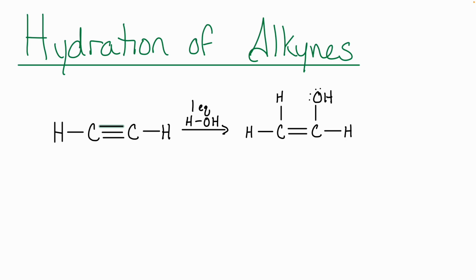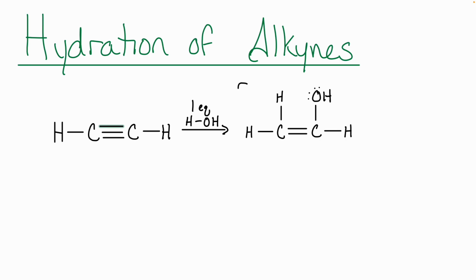In this case, it doesn't matter which side you picked. It was a symmetric molecule here. So this is what we would expect these hydration reactions to do based on analogy of what we saw with our alkenes. And indeed, this is what this hydration reaction does, all right? But unfortunately, it doesn't stop there.